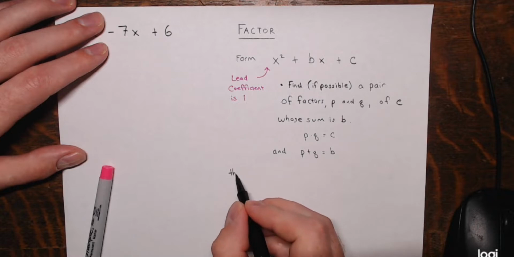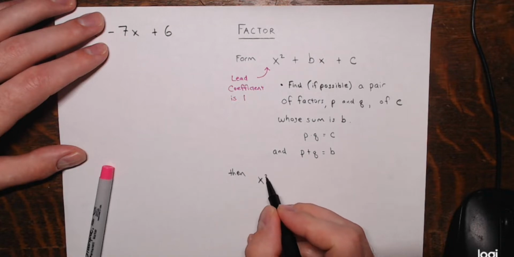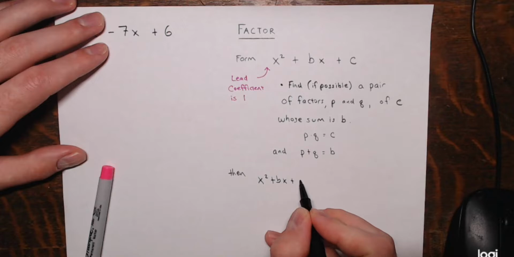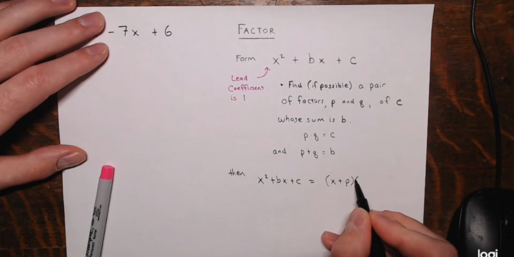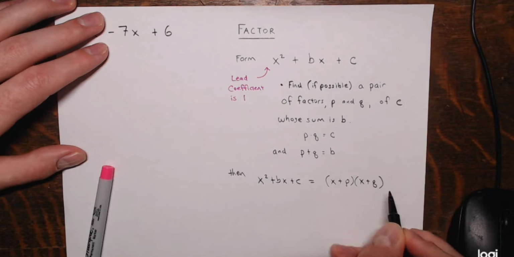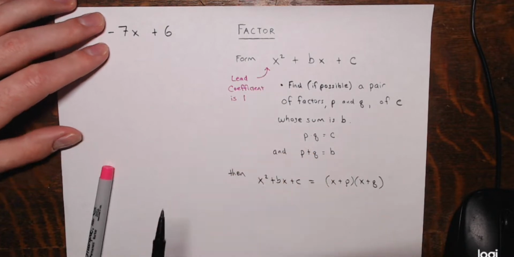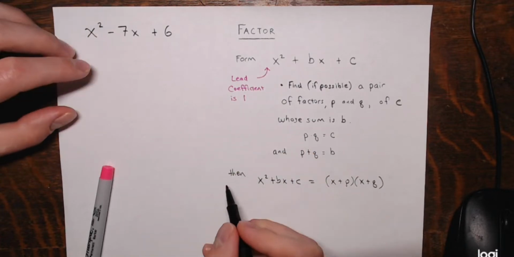Then you can factor. x squared plus bx plus c will factor to x plus p times x plus q. It's very simple when the lead coefficient is 1. And that's all. Then factor.